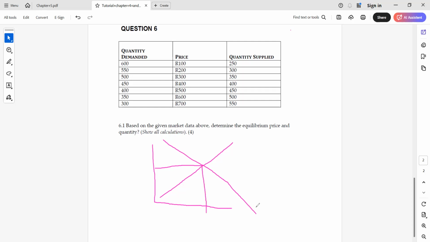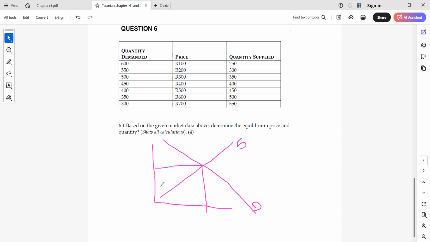So this is my demand, this is my supply, right? We know this. The deadweight loss will occur when the government decides to set a price ceiling or a price floor.